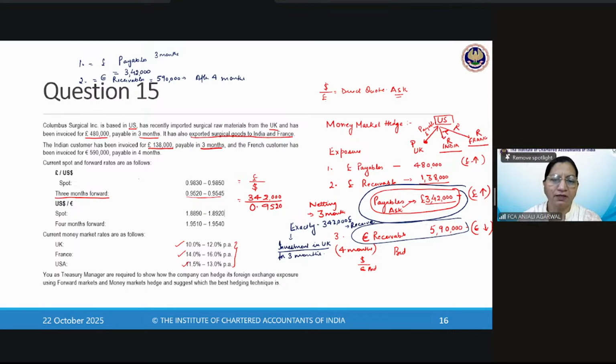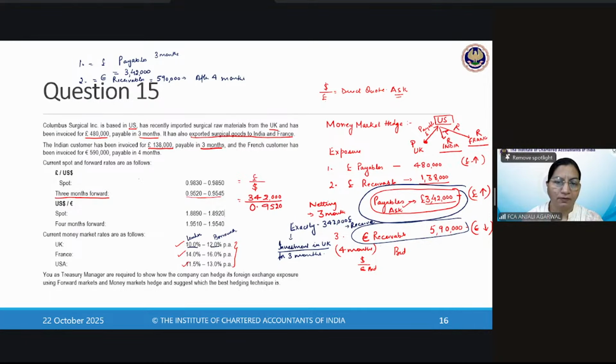How much is the rate of interest prevailing in UK? It's 10% and 12%. This is the rate applicable for a lender. A lender will get 10%, but a borrower has to pay 12%. Same spread is applicable here also.